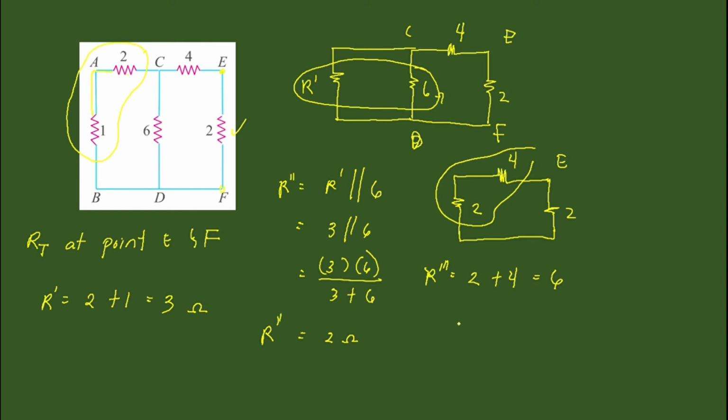Redrawing the circuit, so we have R3 prime equal to 6 ohms. And then, at point E and then F, here is the 2. Here, the 6 ohms, or the R3 prime, is connected in parallel with 2 ohms.